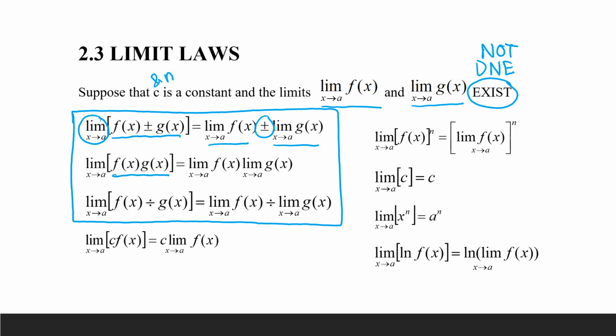We can multiply 2 functions and then evaluate the limit of that product. Or we can find the limit of each of the functions and then take the product of those limits. We can divide 2 functions and then evaluate the limit of that quotient. Or we can evaluate the limits first and then divide the limits.